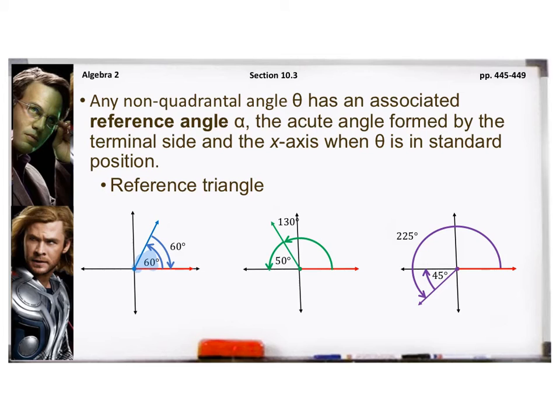In the second quadrant, notice that it's still making the angle with the x-axis, so it's going to be 180 minus the given angle. So if the given angle was 130, the reference angle is 180 minus 130. This is an important concept. On the third quadrant, again, notice I'm going to the x-axis. So my reference angle for 225 is going to be 45 degrees.